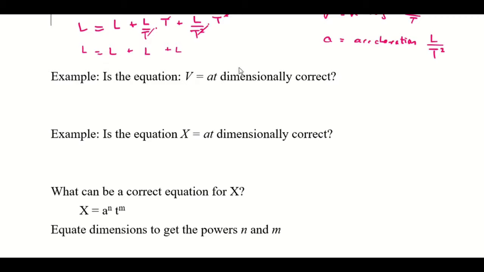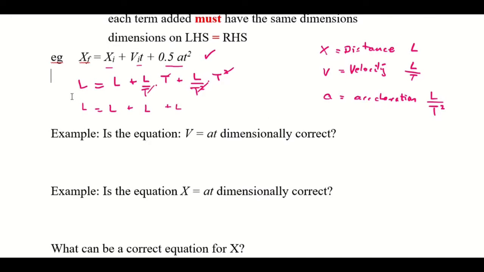Now let's see, is this equation dimensionally correct? So v is, see over here, a velocity, so it's a distance over time. So we can write it as L over t, and the acceleration is L over t squared, and the t is t, so we can cancel out one t, and that becomes L over t. All right, so it is dimensionally correct.